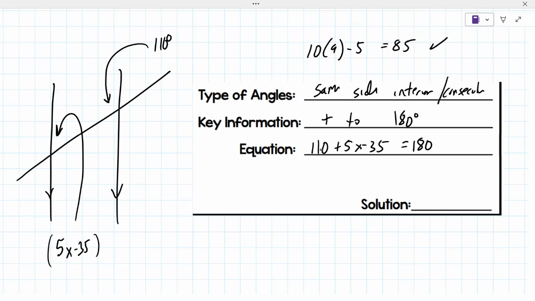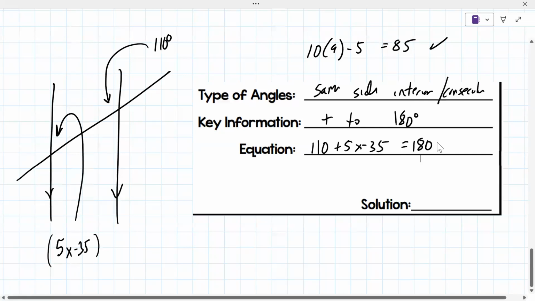Okay, so put it back into the equation. And remember, the two angles have to add to 180, so the other angle will be 70 when you're all done. Does that work?